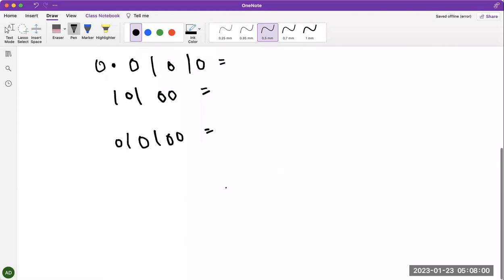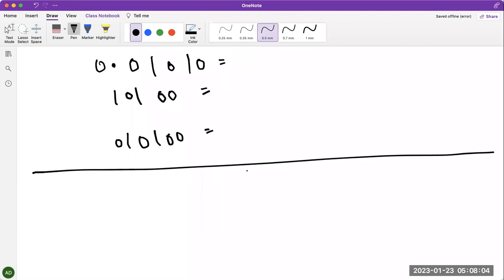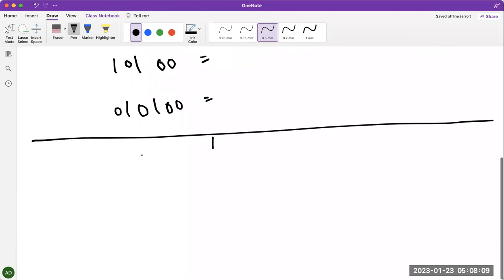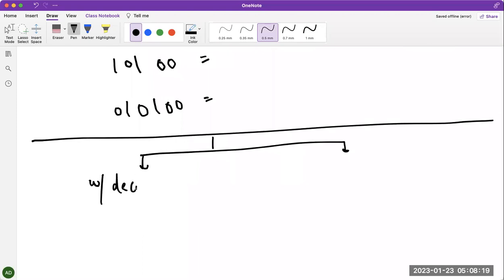Okay. So when we are dealing with significant figures, we want to segregate or classify all the numbers into two types: numbers with a decimal and numbers without a decimal, because the rules for counting the zeros are going to be different when you have a decimal versus when you don't.